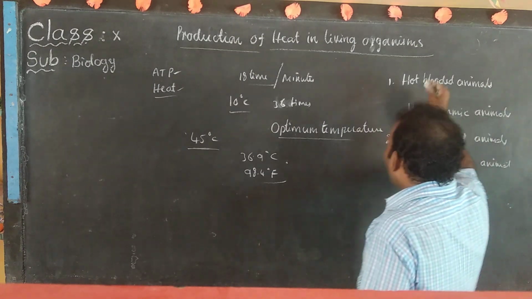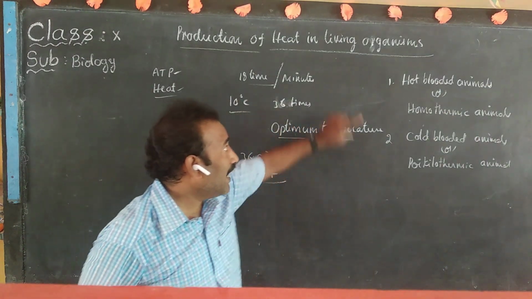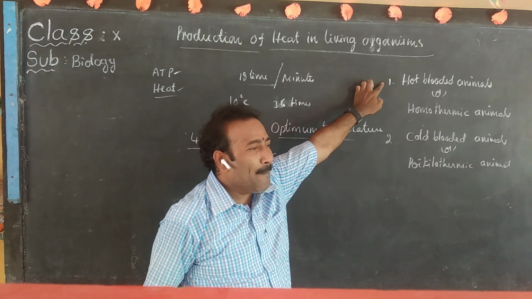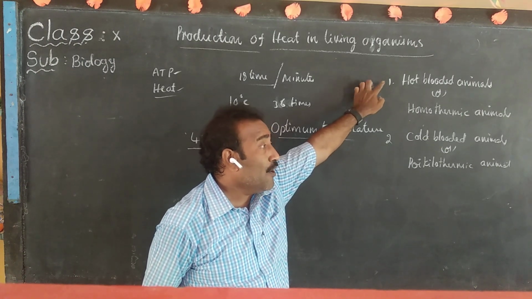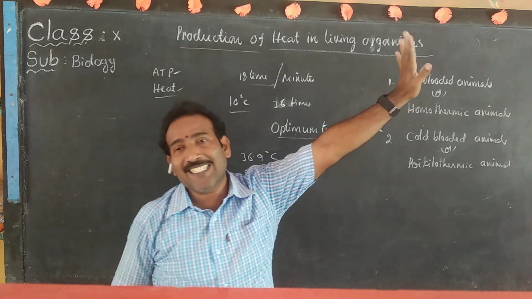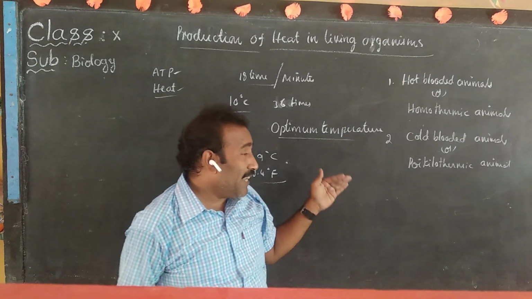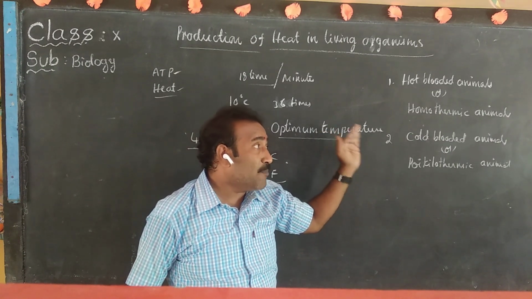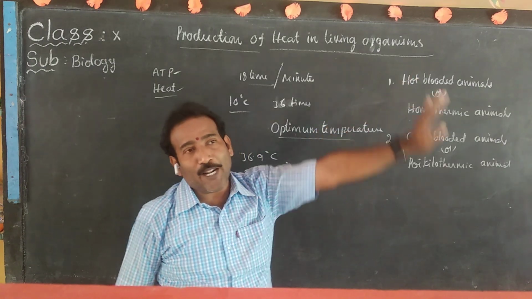What are hot-blooded animals? Homothermic animals. Animals which have the capacity to maintain a constant body temperature irrespective of changes in the environmental temperature. If the environmental temperature increases or decreases, irrespective of these changes they maintain a constant body temperature.